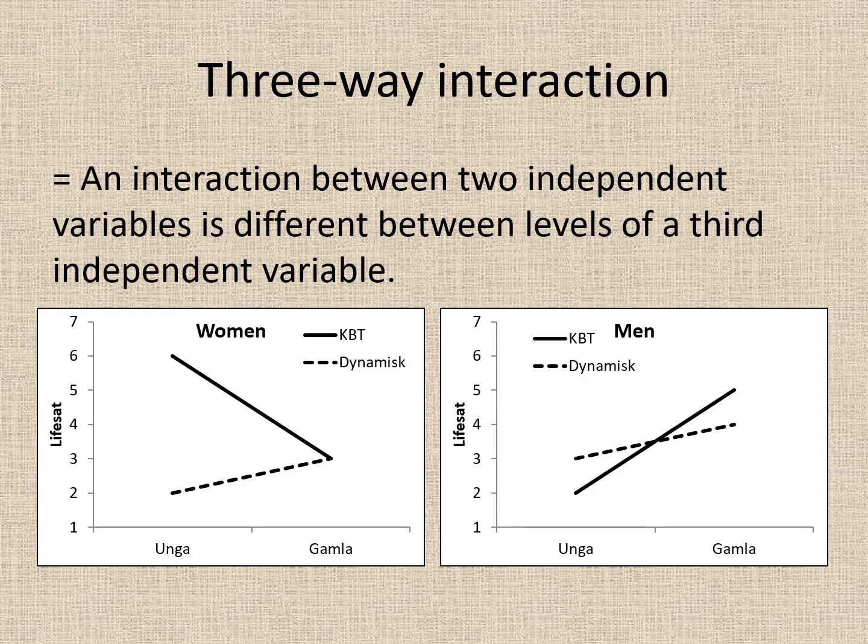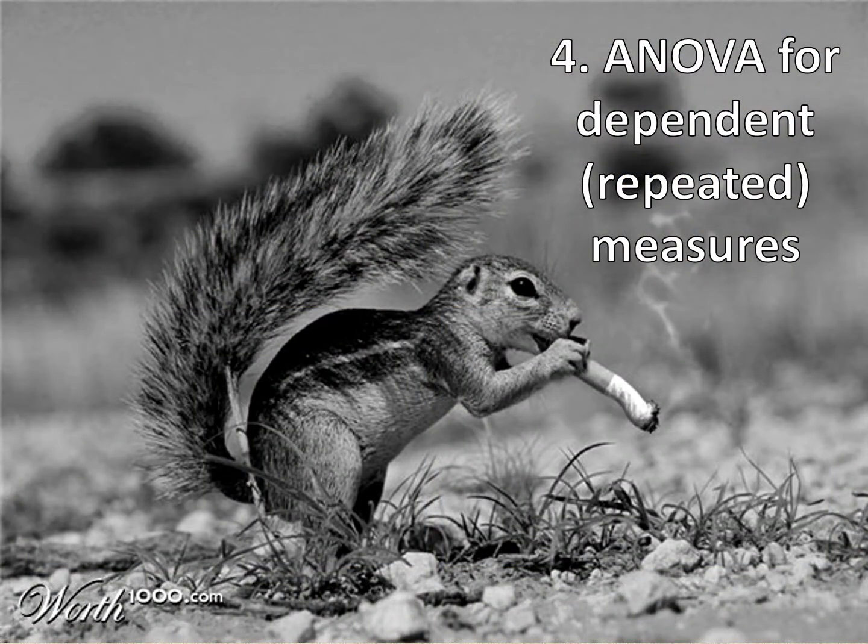Now we come to dependent measures, repeated measures. Of course, repeated might be a better name because then you know what it's all about. You measure the same individuals on more than one occasion. So every individual has more than one value on the dependent variable.